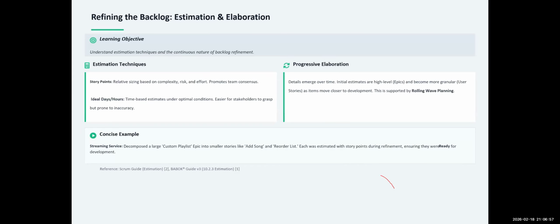Now, in refining, there's something called backlog refining. It's basically to get more information or evaluate the sizing of items, right? Let's just say you have 3 or 4 things in the backlog.